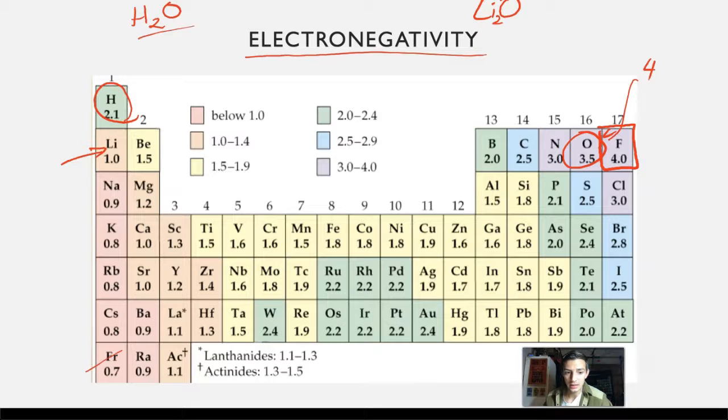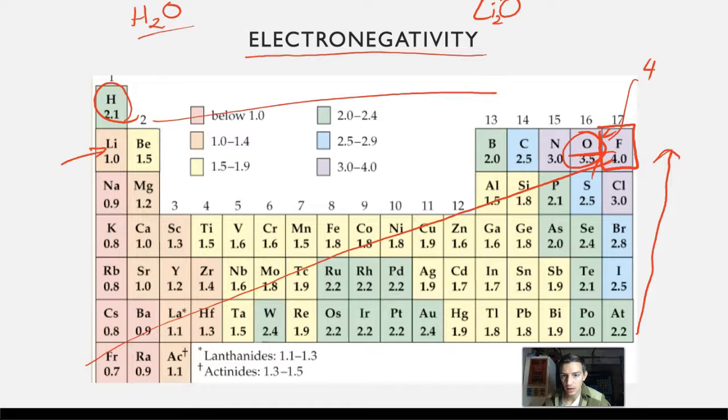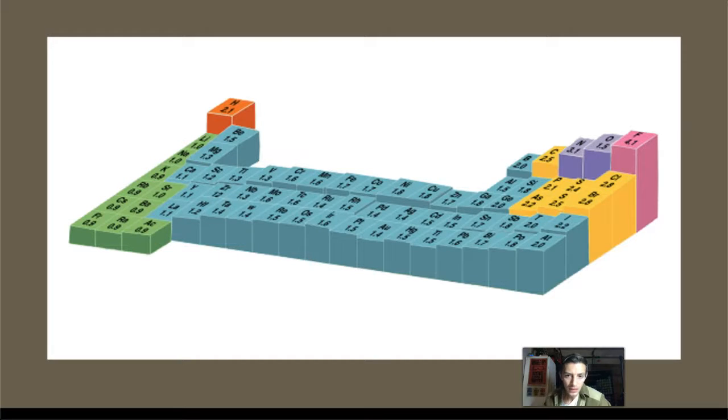Basically, the trend is it goes greater as you kind of go diagonal, or in other words, up and across the periodic table. Another way of visualizing it is by height, with the tallest being the most electronegative and the lowest being the least electronegative. So in this case, you can tell as you go up and over, generally the trend is electronegativity increases.